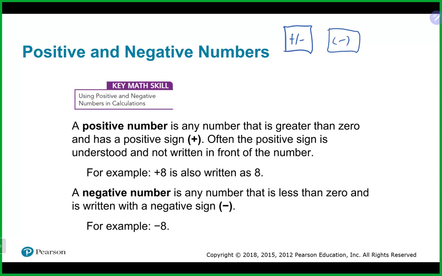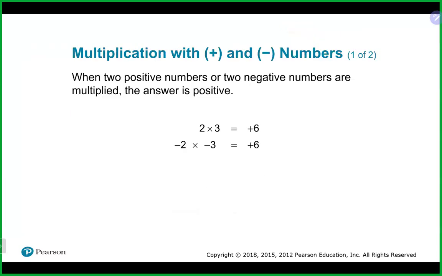If we add a positive and negative number together, that is essentially subtracting the negative number from the positive number. So here, if we multiply 2 positive numbers, we do end up with a positive number. If we multiply 2 negative numbers, we end up with also a positive number.